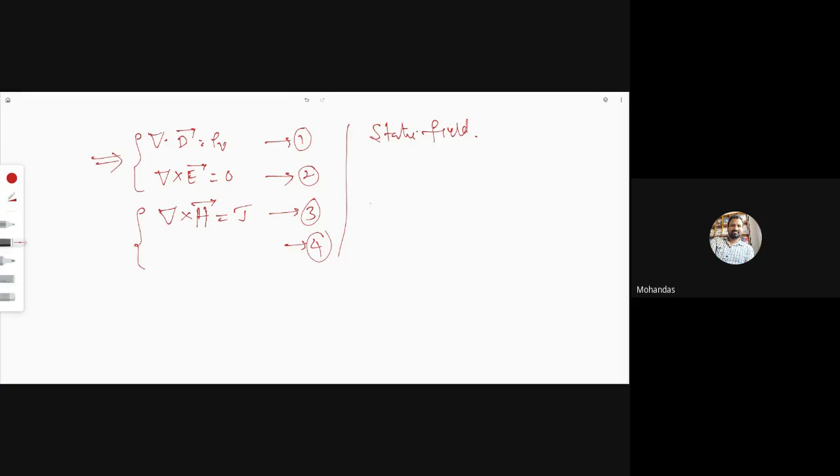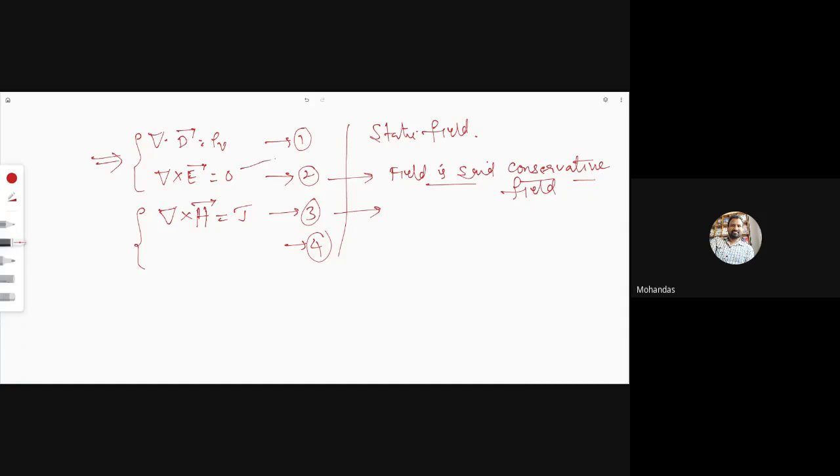And one more piece of information: if del cross E equal to 0, the field is said to be a conservative field. So note this point.